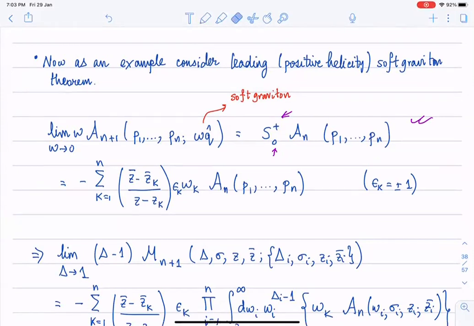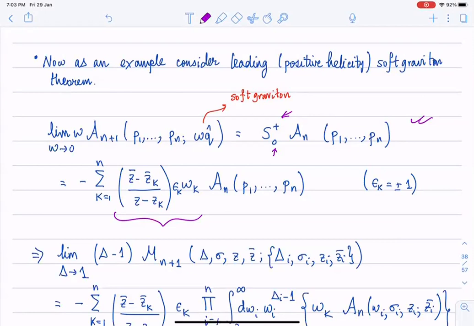Once you do that, the soft factor looks like this. These epsilons are labels which can take values plus or minus 1, depending on whether the hard particles in the n-point amplitude are outgoing or incoming.